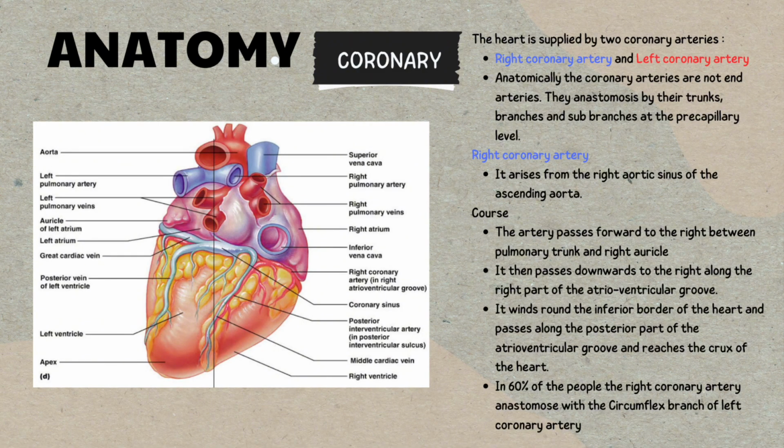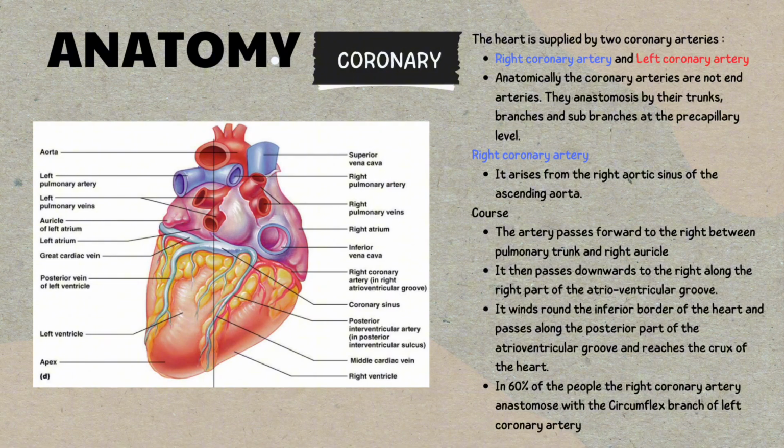Firstly, we move to the right coronary artery. It arises from the right aortic sinus of the ascending aorta. As for the course of the right coronary artery, the artery passes forward to the right between the pulmonary trunk and the right auricle. It then passes downward to the right along the path of the atrioventricular groove.